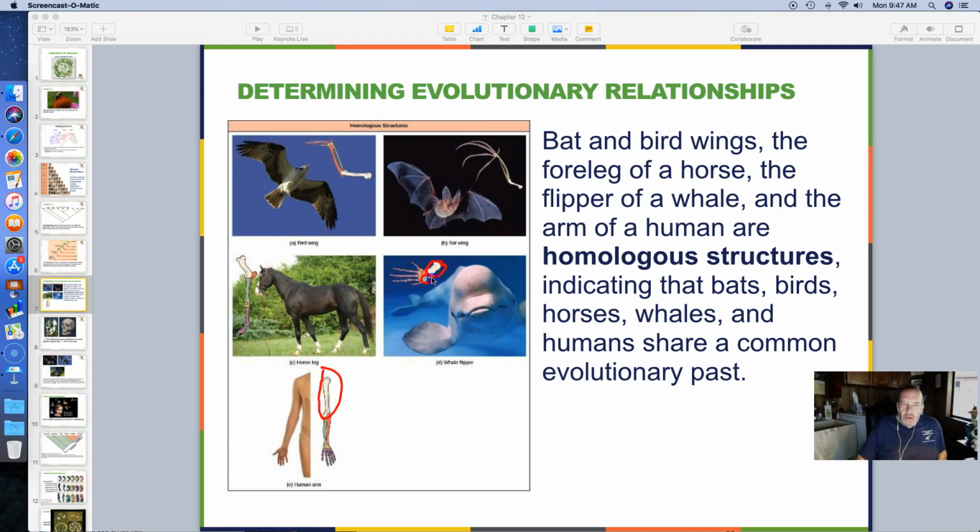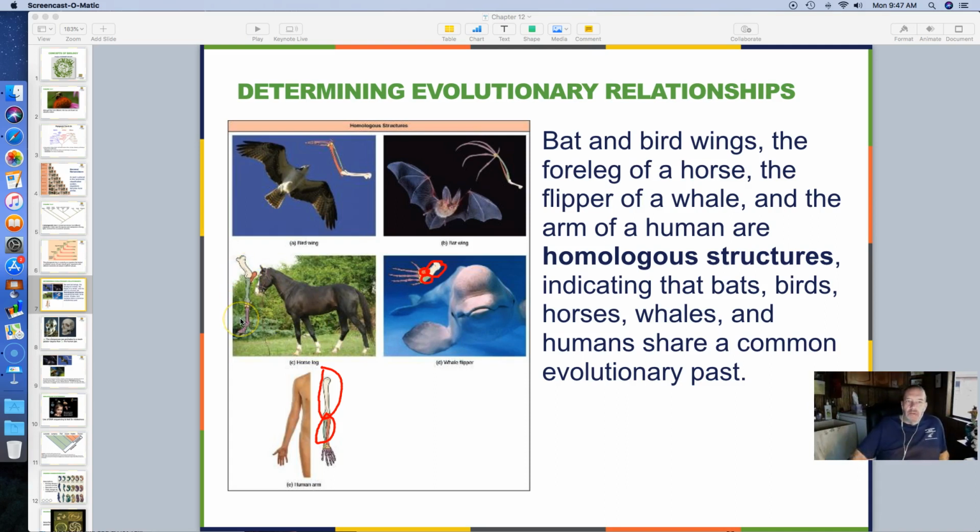The radius and the ulna are very shortened. And ultimately, the hand part of the flipper became surrounded with a skin flap instead of having separate manipulatable fingers, because it needs the flipper to push through an aquatic environment.